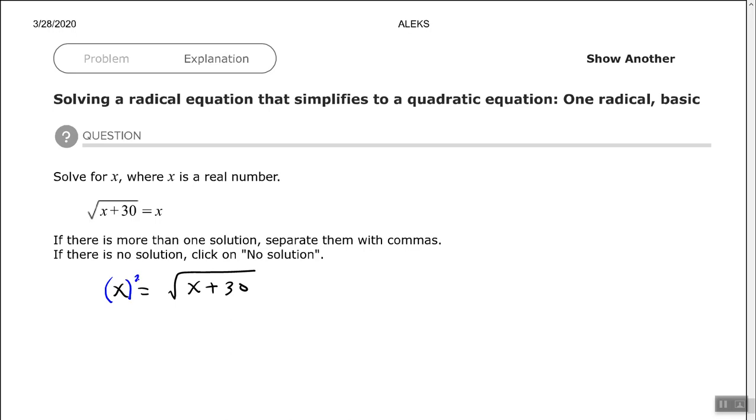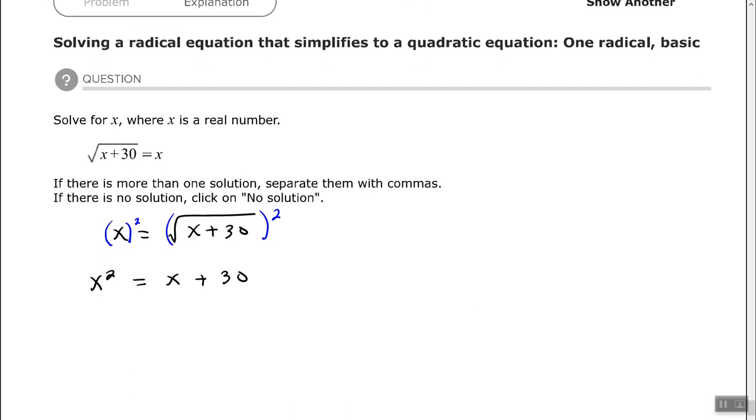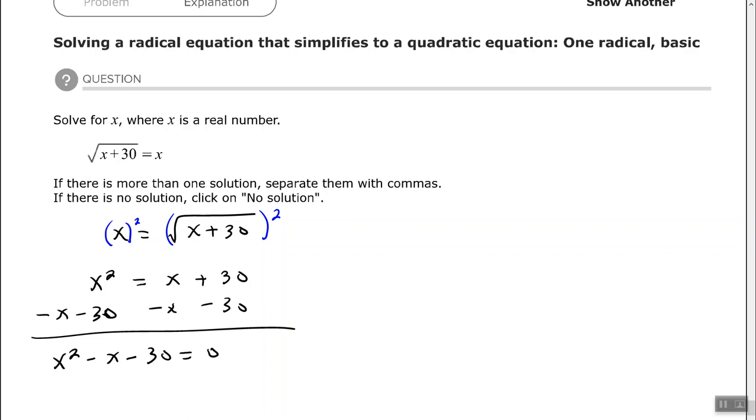So let's square both sides, and that gives me x squared equals x plus 30. Again, I need to subtract x and subtract 30 from both sides. I don't have any like terms, so that's x squared minus x minus 30 equals 0.